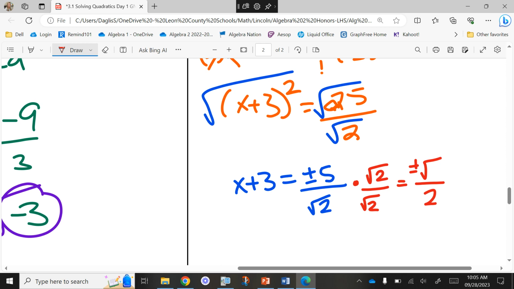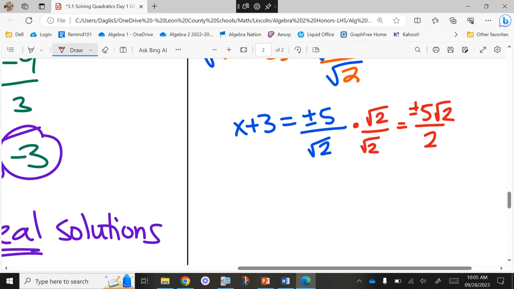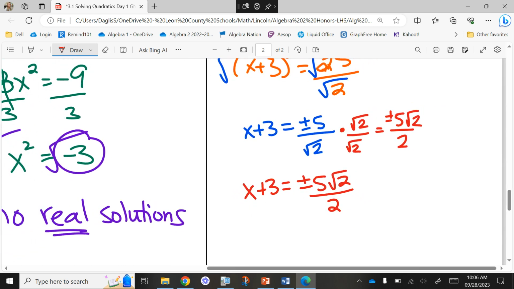And our top is still, there should be a 5 right there, 5 square root 2. This is called rationalizing the denominator, because a square root of 2 is an irrational number, and that can't happen.